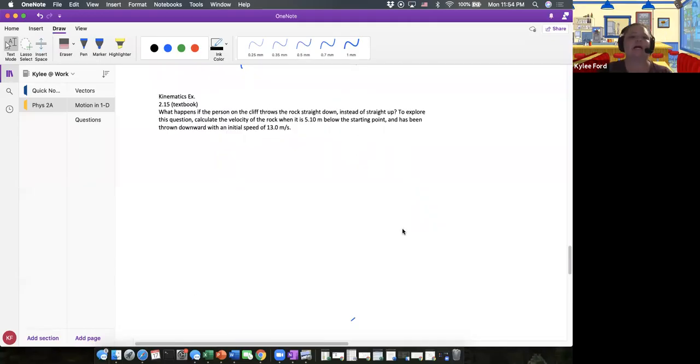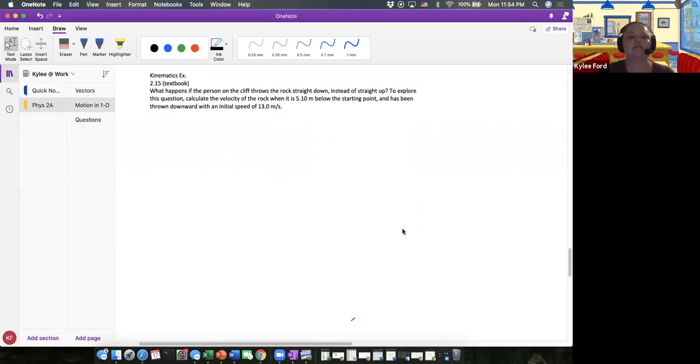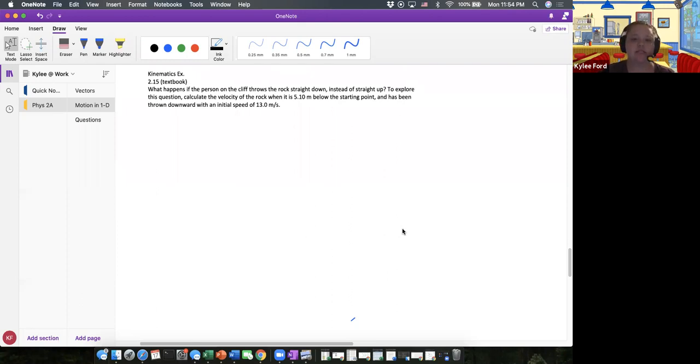Okay, welcome back. This is going to be our next kinematics example in one dimension. This is from the textbook as well, 2.15. We want to know what happens if, on the same cliff that we were just talking about, the rock gets thrown straight down instead of up.